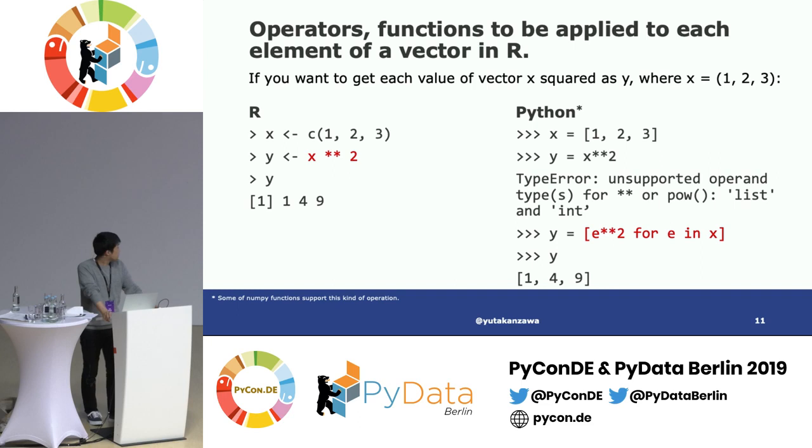If you want the square of each value of x, you can simply apply x asterisk asterisk 2, which means x squared. But if you did that in Python, you get a type error. It's not implemented for the list. Then you need to use a list comprehension or for loops. This is a big difference, and I was surprised when I started learning Python, and sometimes even today I struggle with this difference.